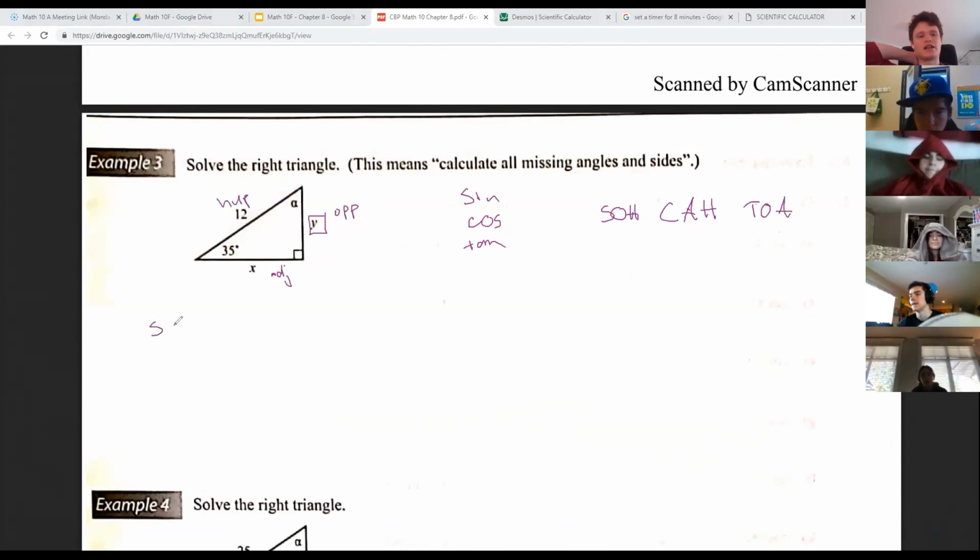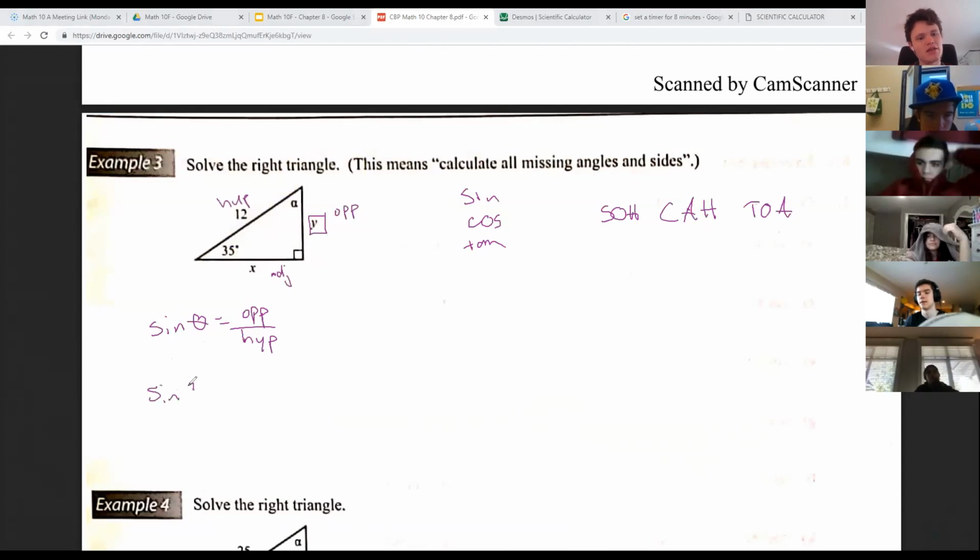We're going to do sine theta equals opposite over hypotenuse. I fill in the info that I do know. I know my angle is 35. Sine 35 equals y, my unknown, over a hypotenuse of 12.